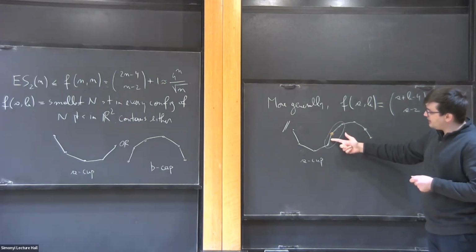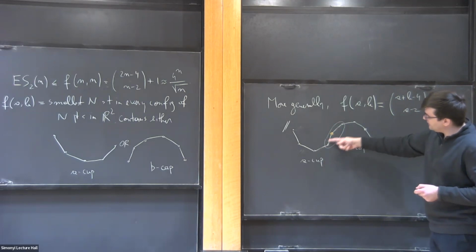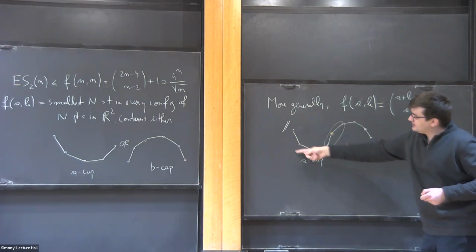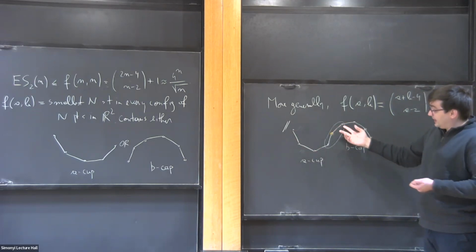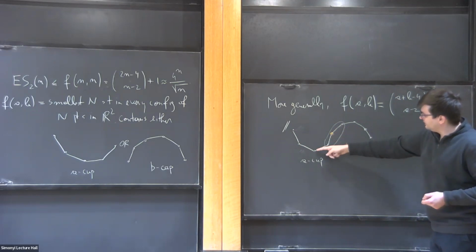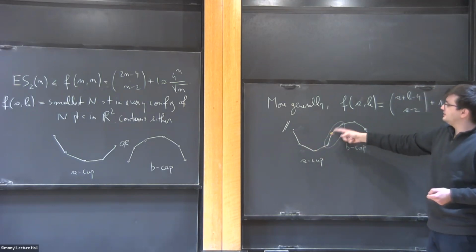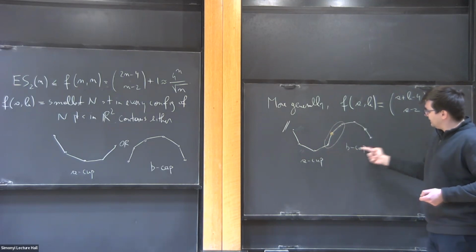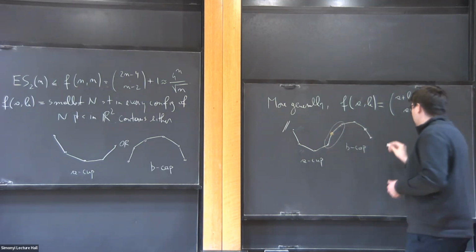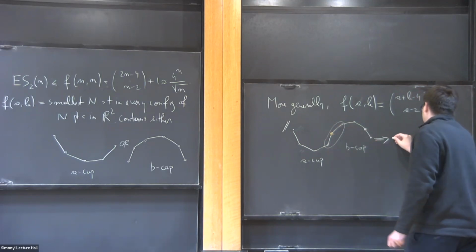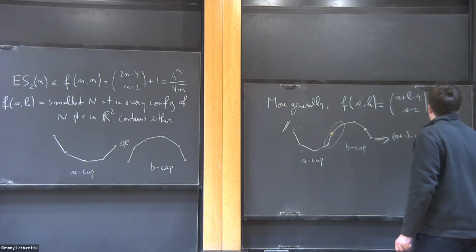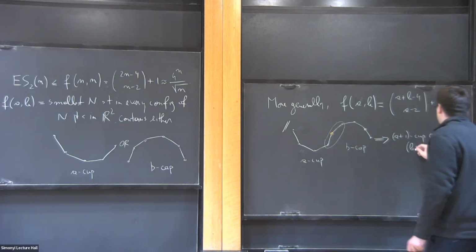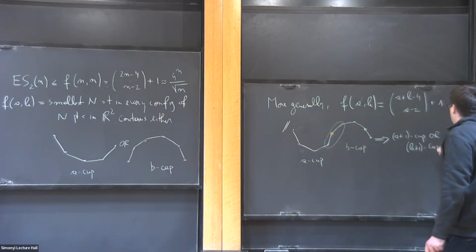On how the inequality goes: if the slope is 1 more, you can extend the cup, or like in this picture, if the slopes don't continue to increase, they drop. Notice that we can extend the B cap by 1. So this gives you an A minus 1 cup or a B plus 1 cap.